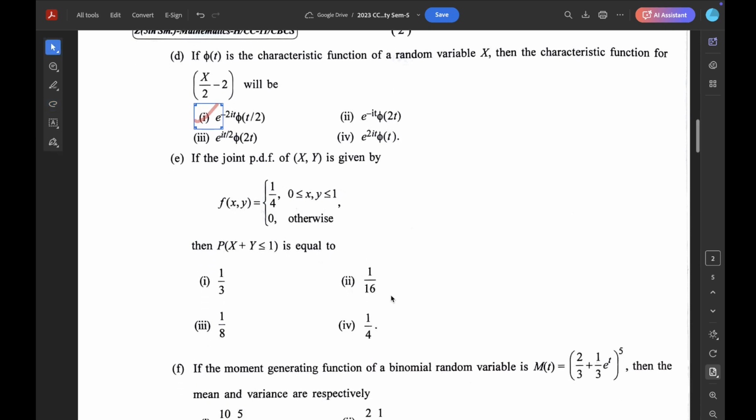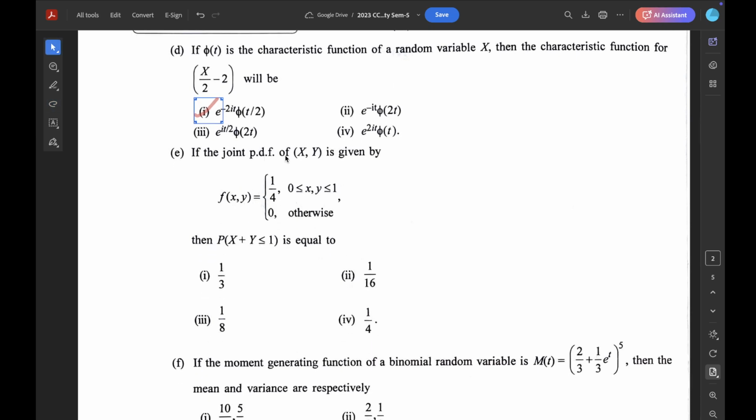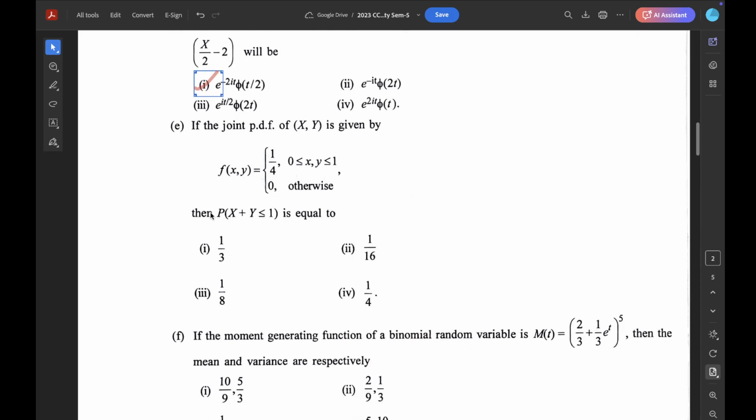Next question 1e. If the joint PDF of the two-dimensional random variable (x, y) is given by f(x, y) equal to 1 by 4 when 0 less than or equal to x, y less than or equal to 1 and 0 otherwise, then probability of x plus y less than or equal to 1 is equal to what?